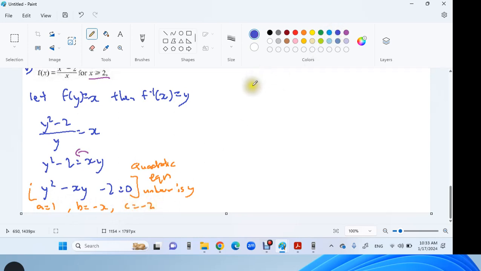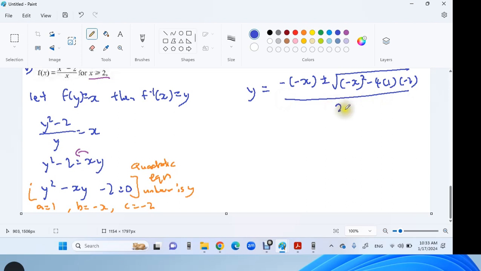Then y equals negative b plus or minus the square root of b squared minus 4ac, so negative negative x, plus or minus the square root of negative x squared minus 4 times 1 times negative 2, divided by 2a, which is 2.